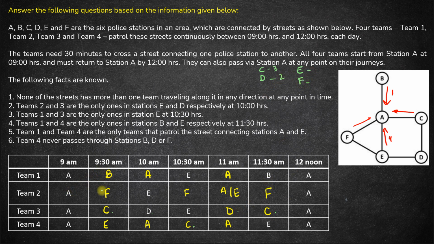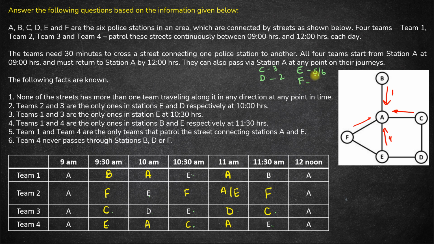Let's look at E. E is getting patrolled 1, 2, 3, 4. This may be more than 4 or not. And one more here. So definitely 1, 2, 3, 4, 5 is definite. It can be 6 or not. So E can be either 5 or 6 times.